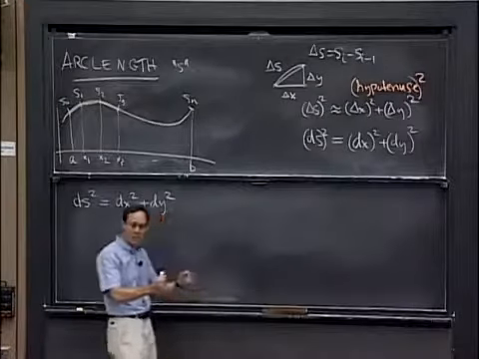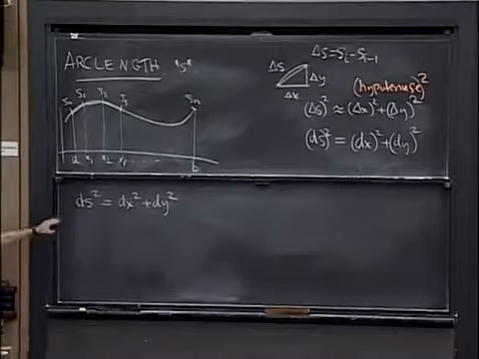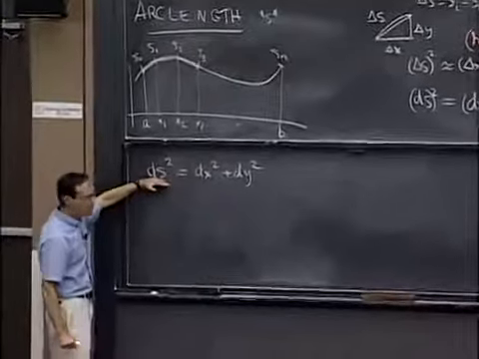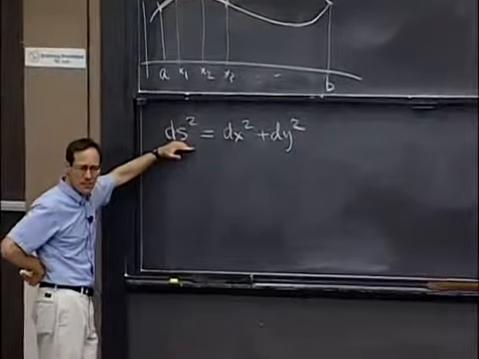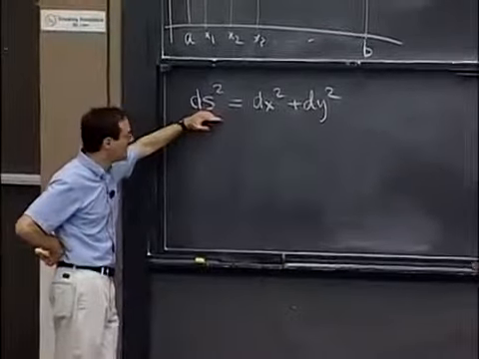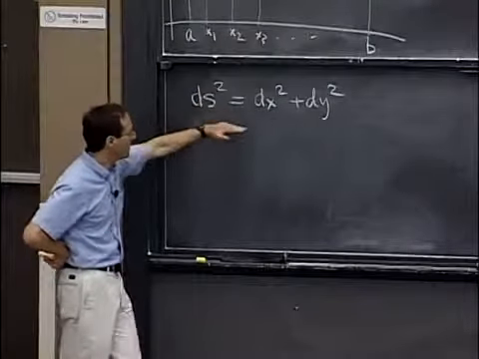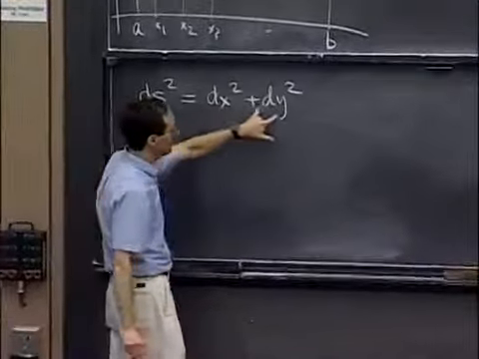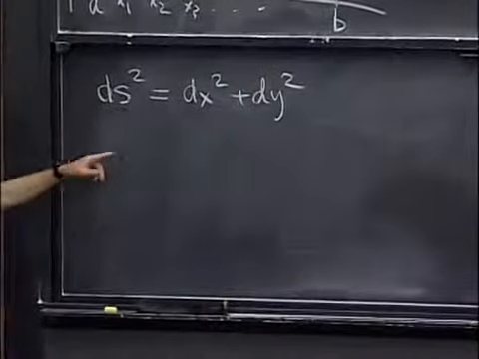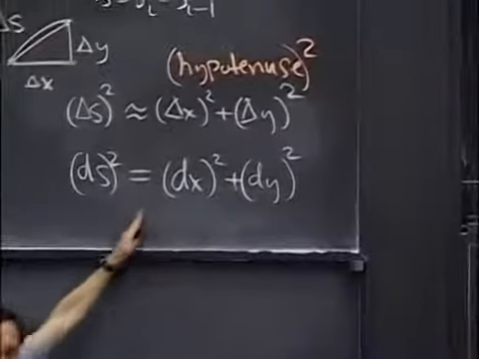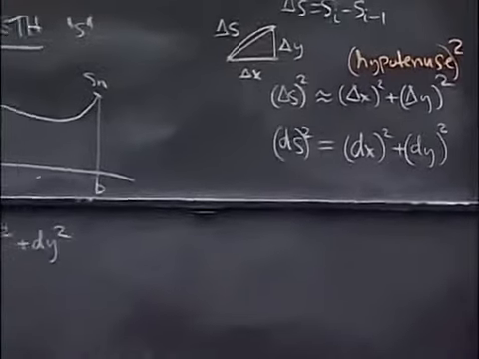It's not d times s. It's ds. And we square it. But for whatever reason, people have gotten into the habit of omitting the parentheses. So you're just going to have to live with that and realize that this is not d of s squared or anything like that. And similarly, this is a single number, and this is a single number, or infinitesimal. All right, so that's just the way that this idea gets written in our notation.